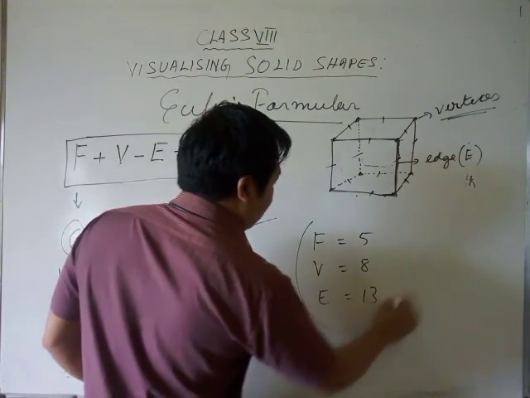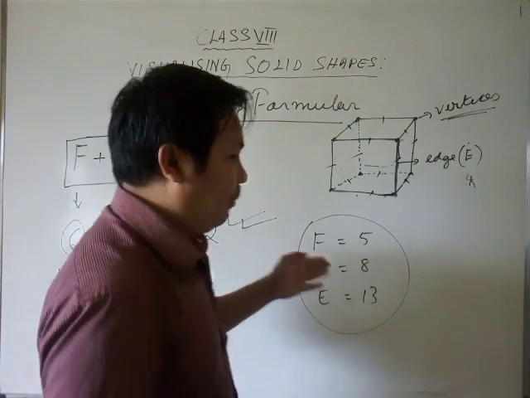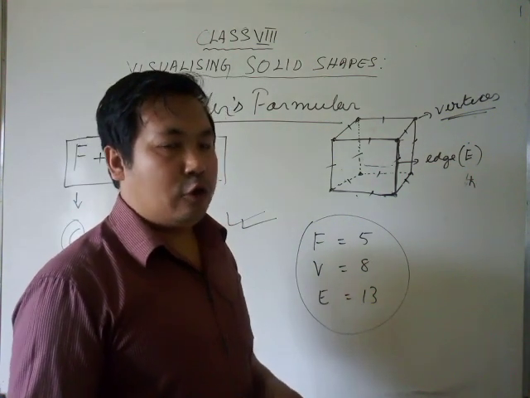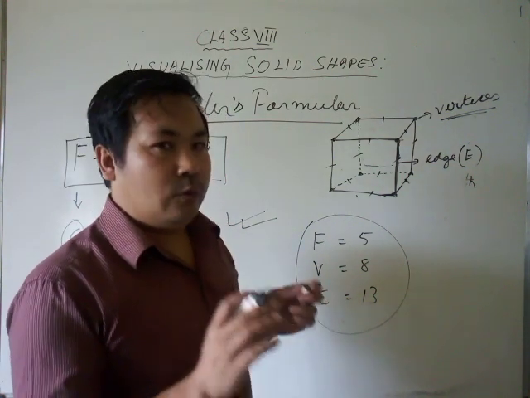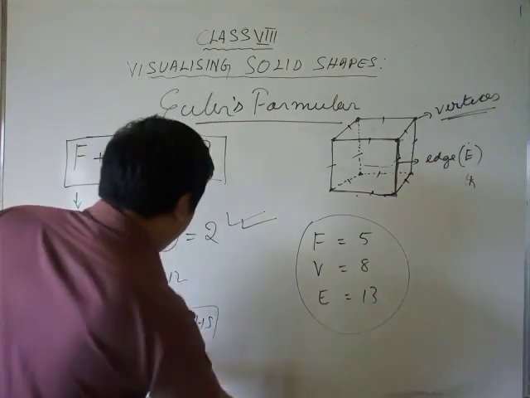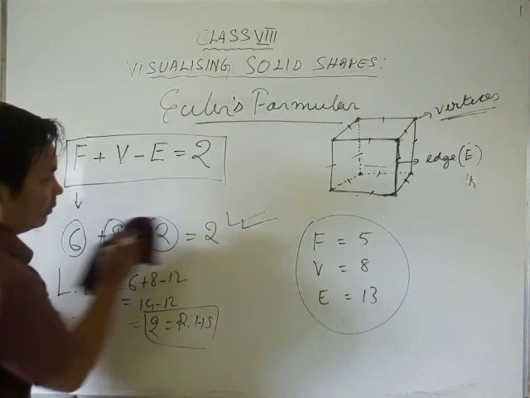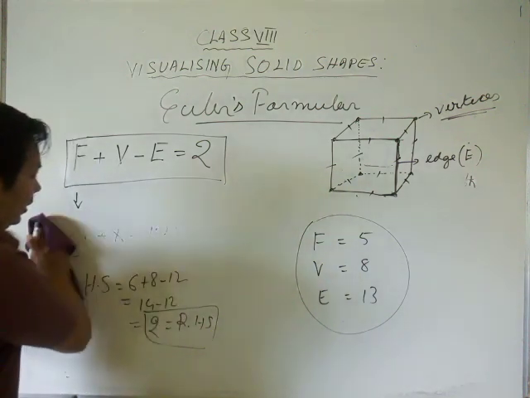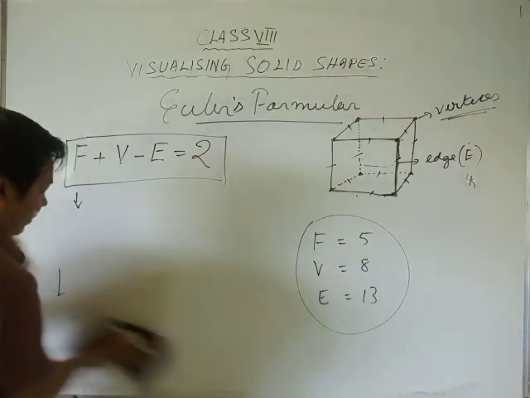Let us find out whether this will be a possible polyhedron or not. For that, we need to apply the formula. What is the formula? Euler formula, isn't it?